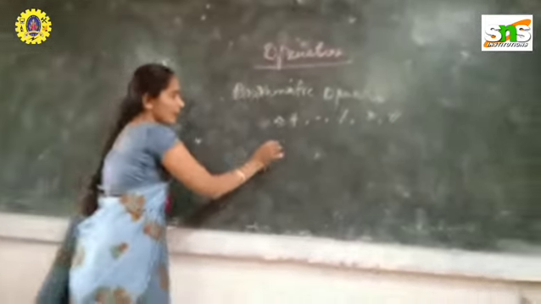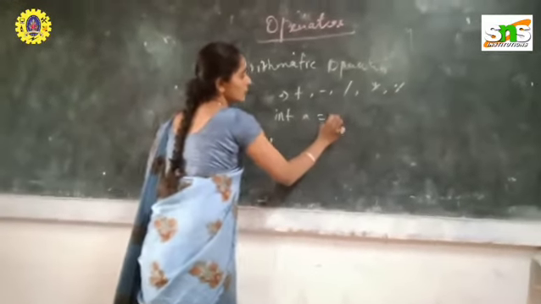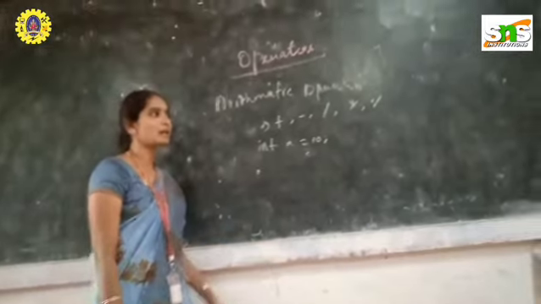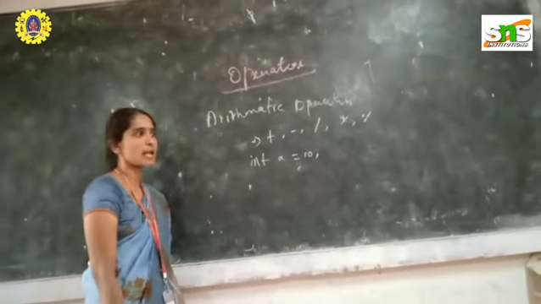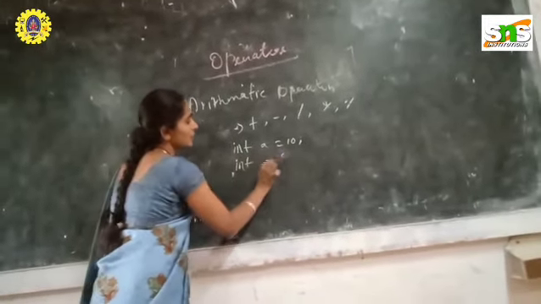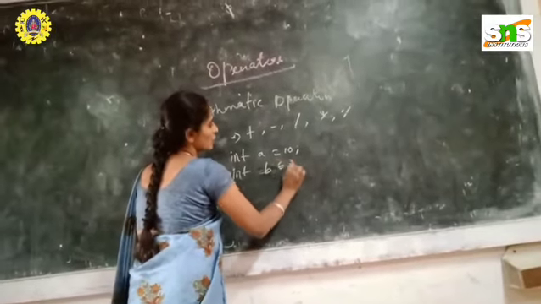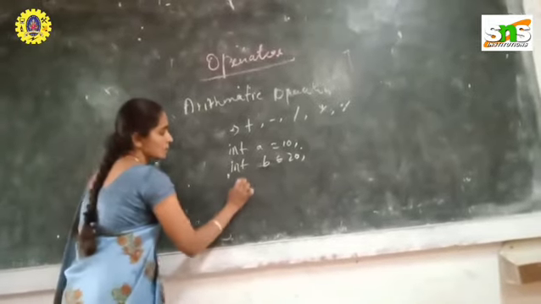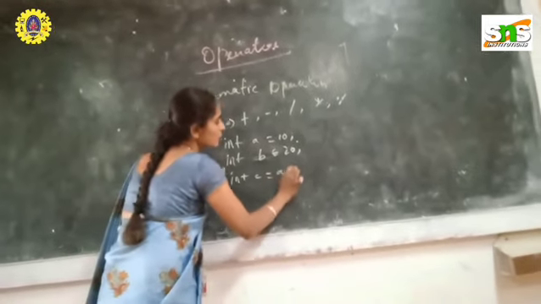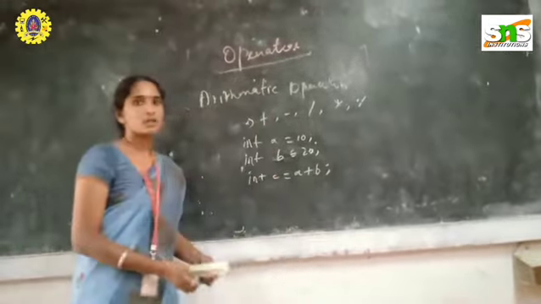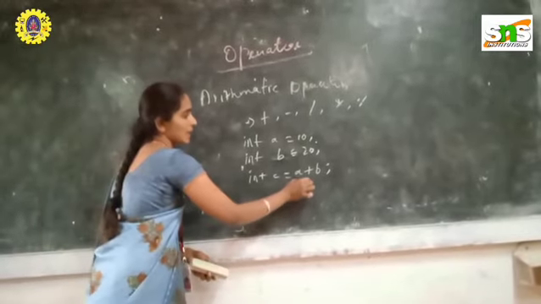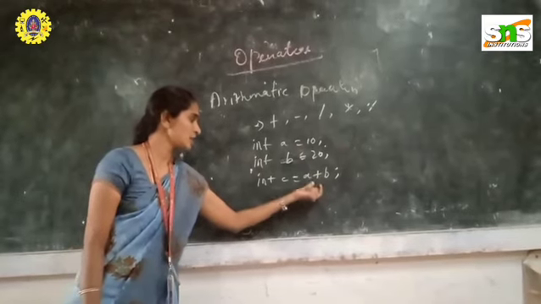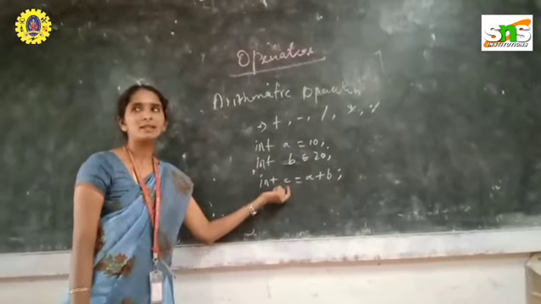For example, in Java programming I declare and initialize int a equal to 10 and int b equal to 20. Then I perform the addition operation: int c equal to a plus b. The sum of the a and b values is stored in c.